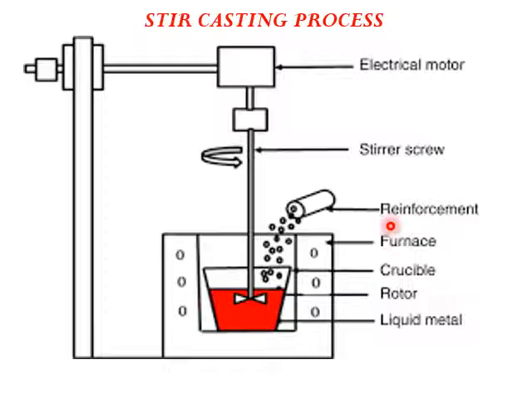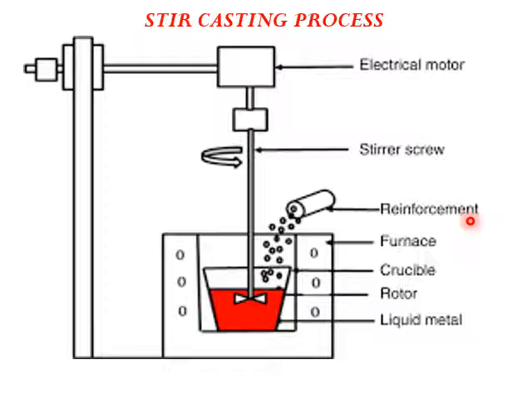Then the matrix material with the reinforcement particles is transferred to a mold cavity which is in the shape of the end product. It is left for solidification, and then we take out the end product.